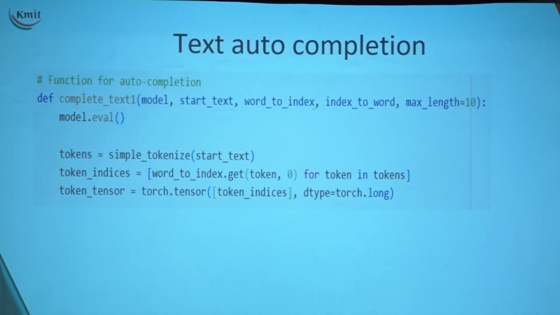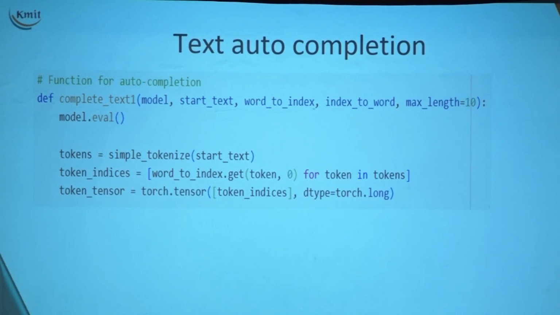Now we will start writing a function for auto completion. Now we will check whether this model is actually giving correct outputs or not. So for the function for auto completion, I am defining a function called complete text 1, wherein I am passing parameters as my model and start text.